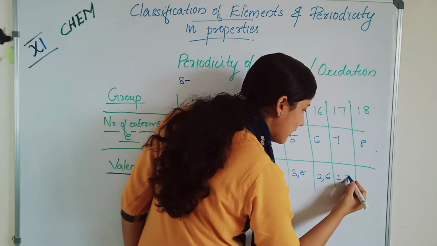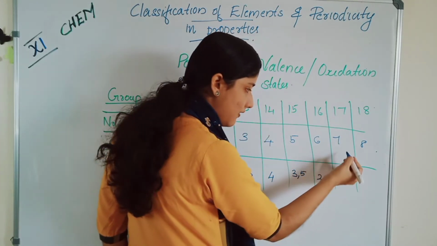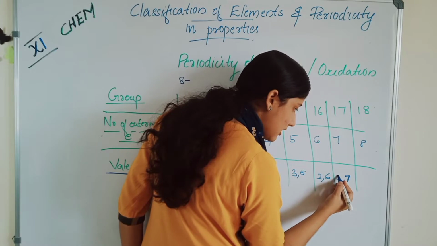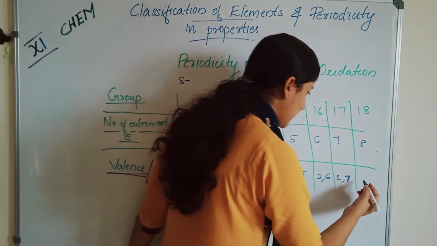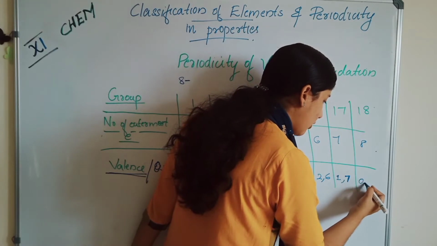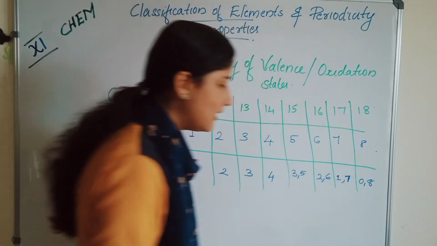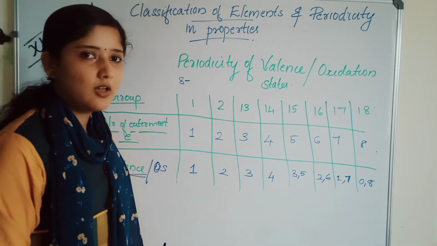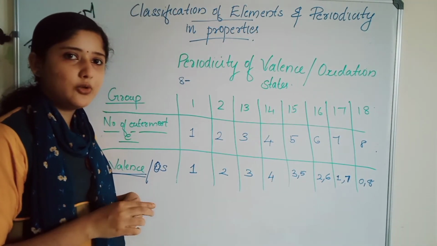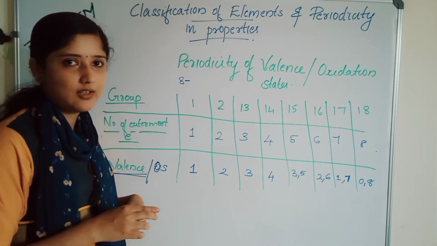So 1, 7. Number of outermost electrons is 7 and 8 minus number of outermost electrons is 1. 1, 7 and here 0, 8. These are the valencies that are exhibited by the elements from group 1 to group 18.